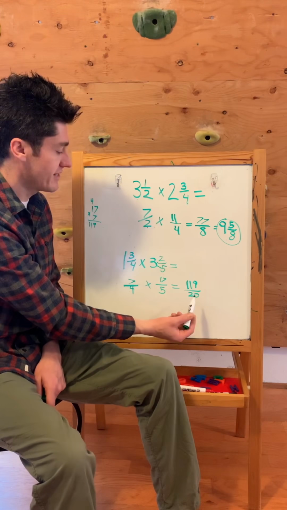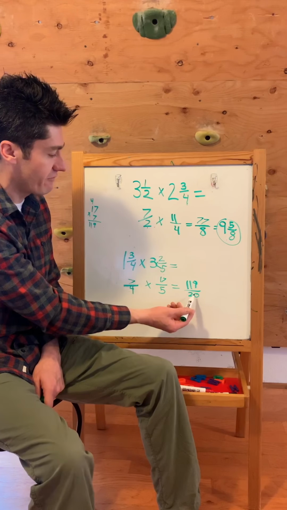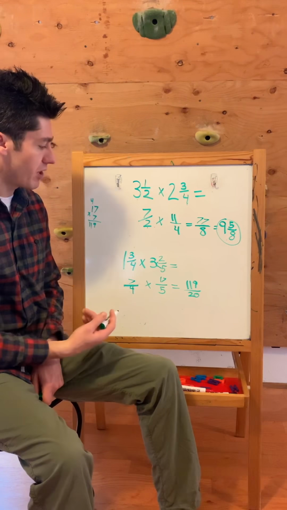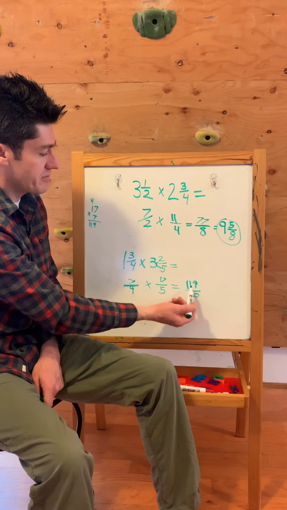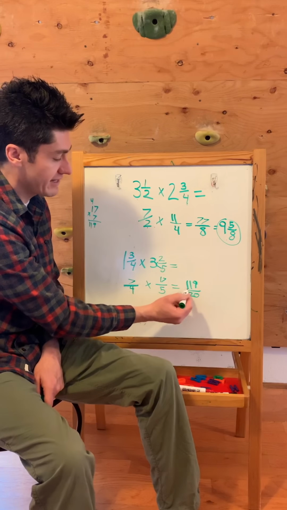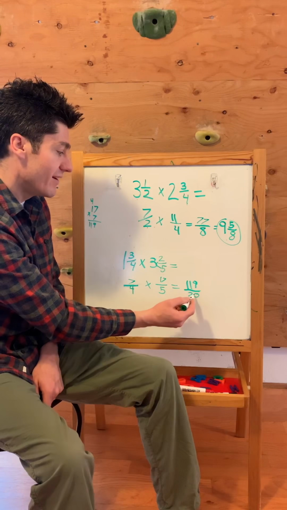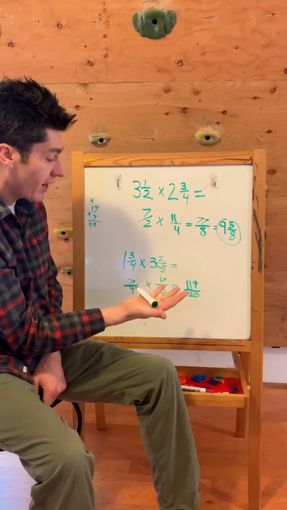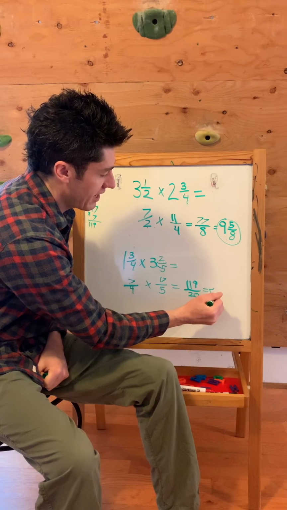119 20ths. We've found the correct improper fraction, but that's kind of a weird way to represent that information. If you told me I had 119 20ths pizzas that you brought to the get together, it's kind of a weird way to say so. Really, how many times is 20 going to go into 119, or rather 119 divided by 20? 20 is going to go in 20, 40, 60, 80, 100. 120 would be too big, so it's going to go in 5 whole times.